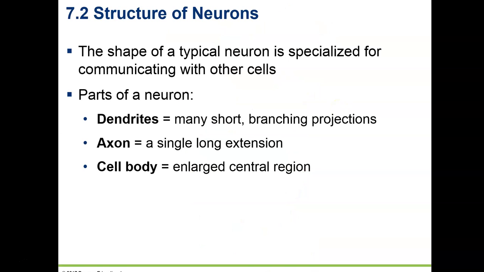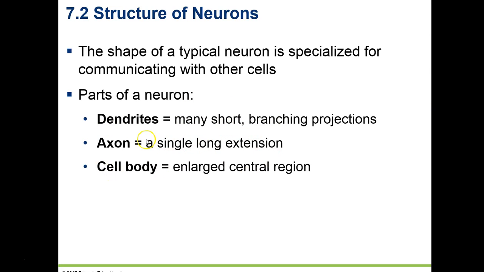Now, structure of neuron. So, structure of a typical neuron. A typical neuron has three parts: dendrites, which are many short branching extensions coming out from the cell body.